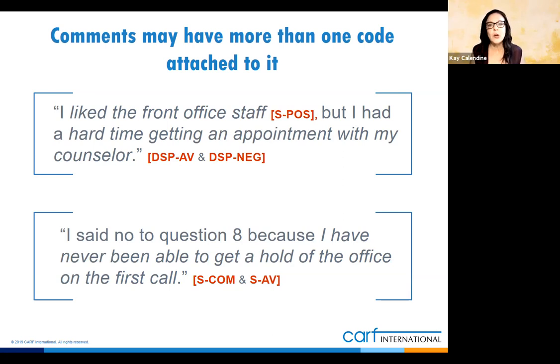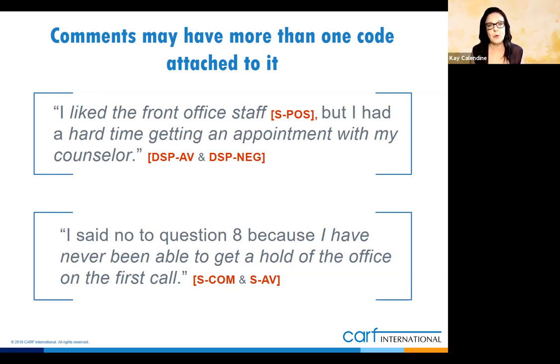But if we go on to the rest of the sentence, but I have a hard time getting an appointment with my counselor. That has to do with the direct service provider and their availability, and it's also a negative comment about the direct service provider. So we would go ahead and add that negative flag also, just in case we're wanting to look at how many positive comments were made compared to how many negative comments were made.